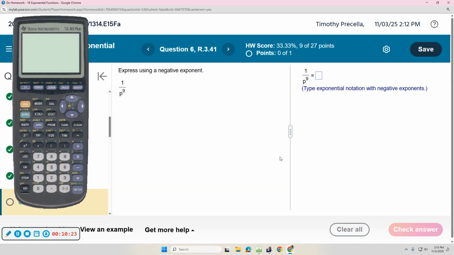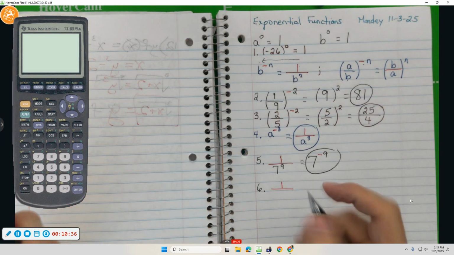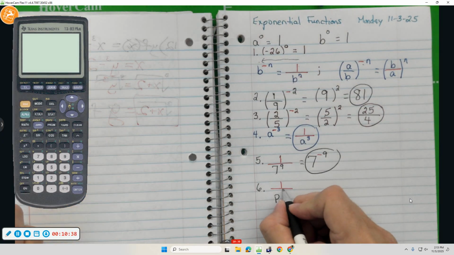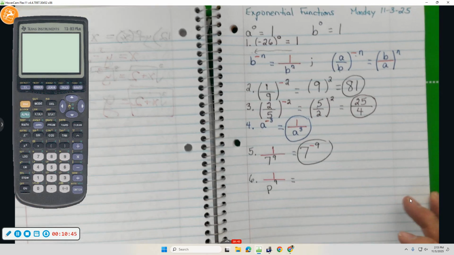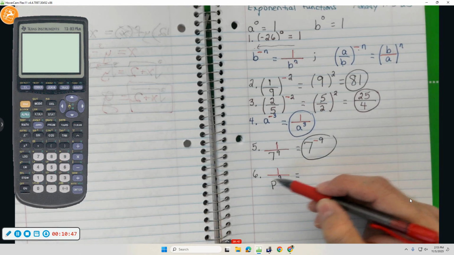Let's see what number 6 is. Same instructions. Is that a p to the 9th? That's a p. 1 over p to the 9th. How do I write it with a negative exponent? In other words, I'm getting rid of the 1 over.